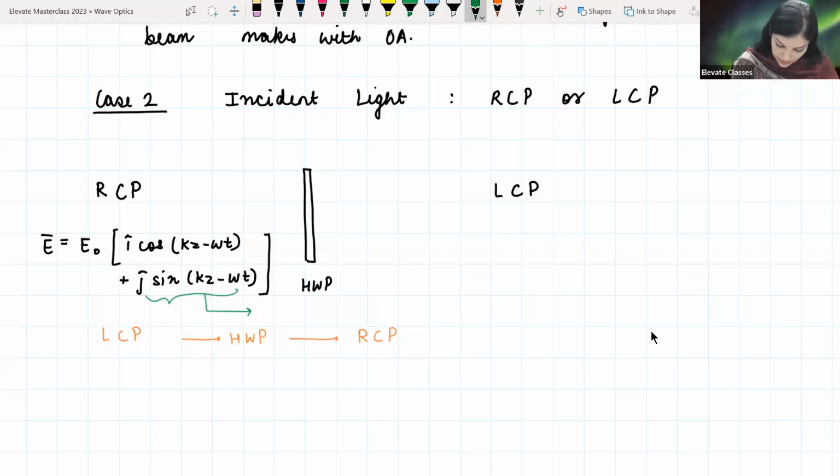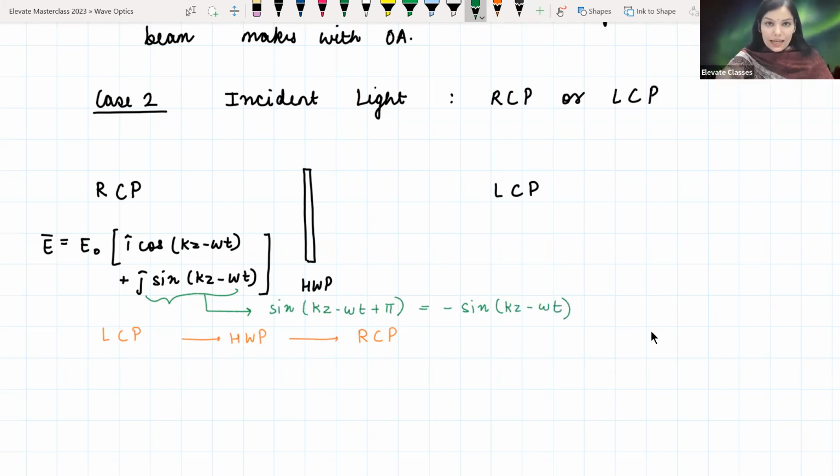So I'm choosing this, and it becomes sin(kz minus omega t plus pi), which is nothing but minus sin(kz minus omega t).